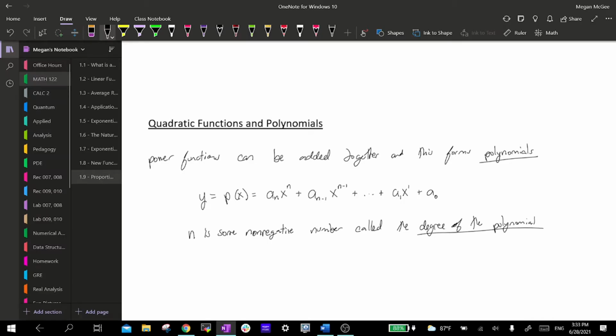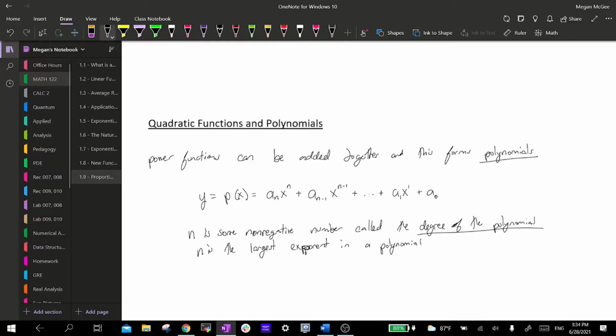Alright, n is the largest exponent in a polynomial. Okay, so as we see, our next exponent is n minus 1, then the next one would be n minus 2, and here we get all the way down to 1 and then 0. So n is always going to be our largest power.